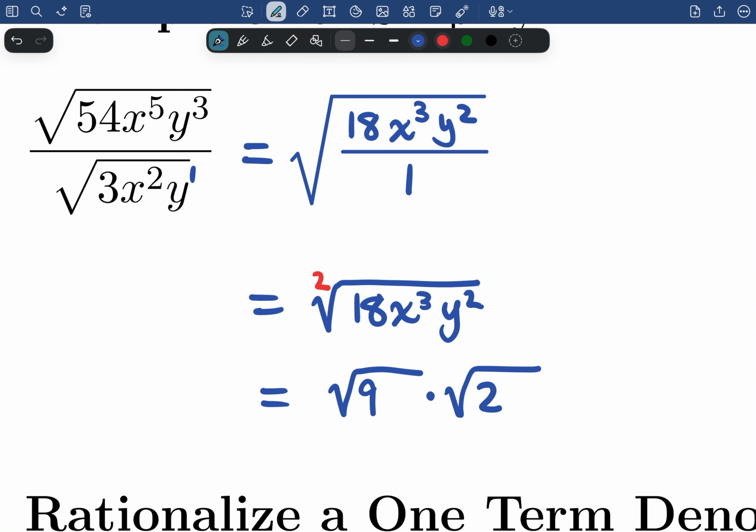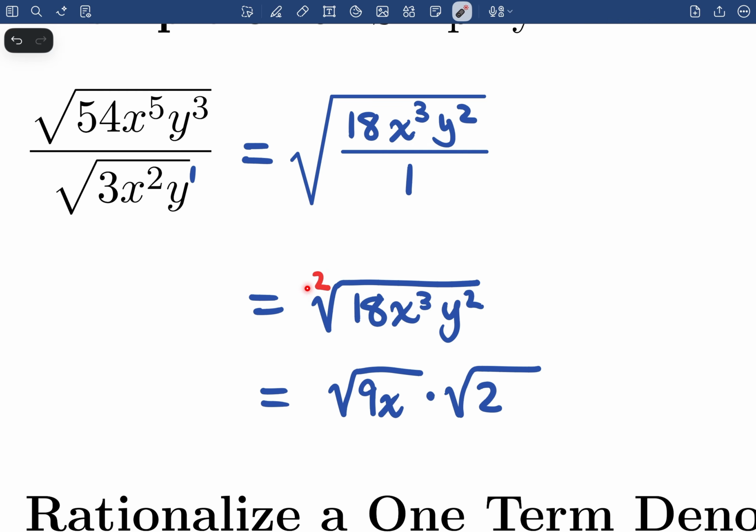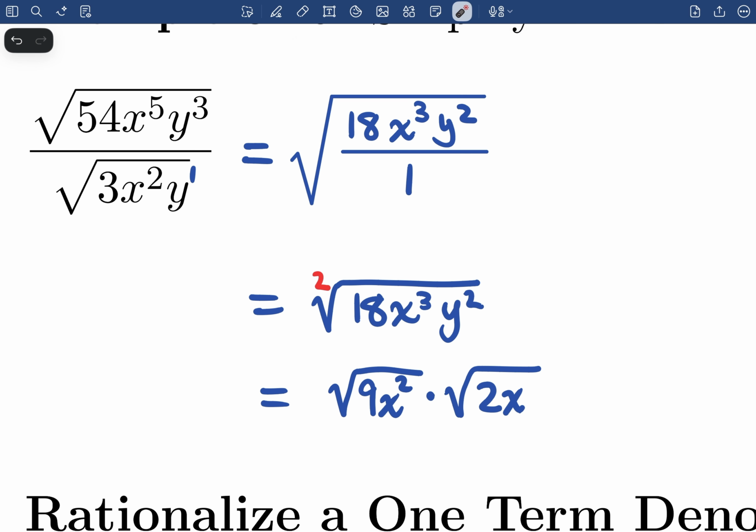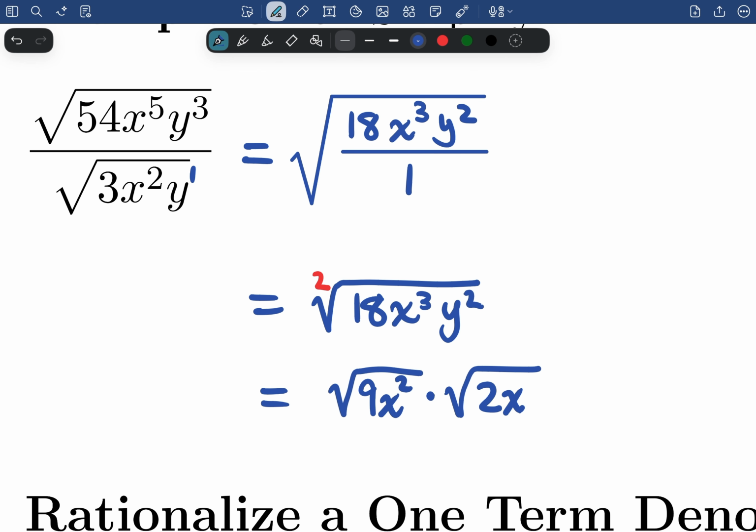And so it would make sense that I would need my x variable to be the index value or a multiple of the index value. 3 is not a multiple of 2, so I can only put 2 x's in this perfect square radical, and then the leftover is x. Now I move on to the y variable, and I've got y squared, and 2, the exponent, is the same as the index value, so it's a perfect square, right? So I put y squared in the first radical.